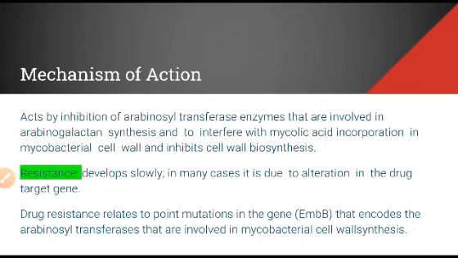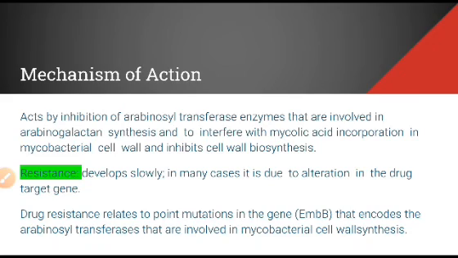Here you see it's not inhibiting mycolic acid synthesis, but it is inhibiting the incorporation of mycolic acid into the bacterial cell wall. It means this drug is affecting the arrangement process of the cell wall, and this way it is inhibiting cell wall biosynthesis.